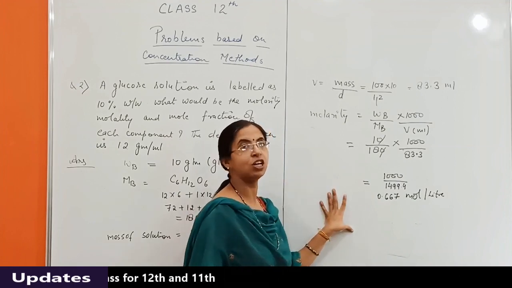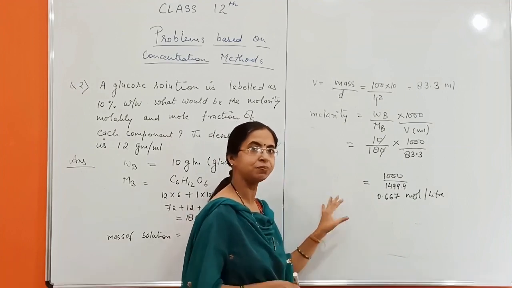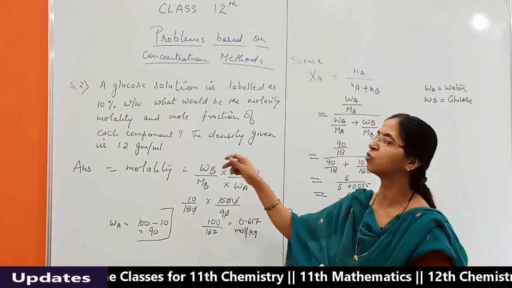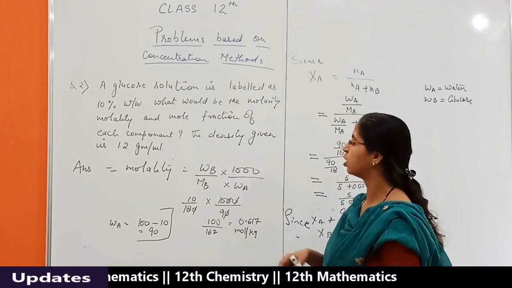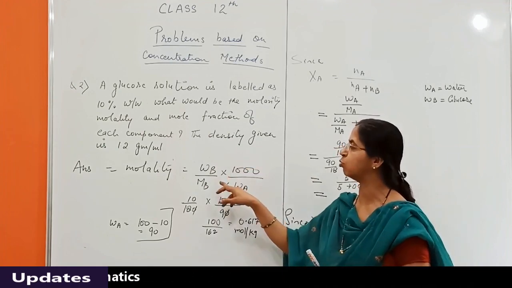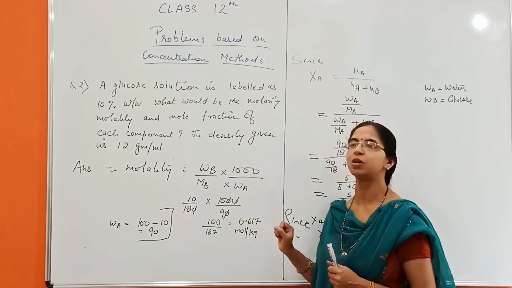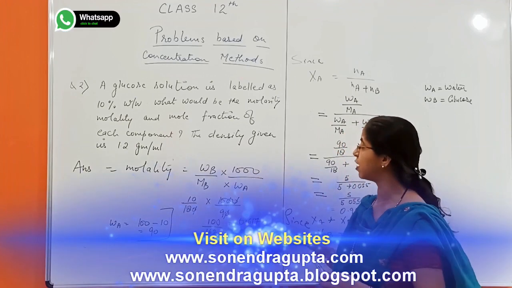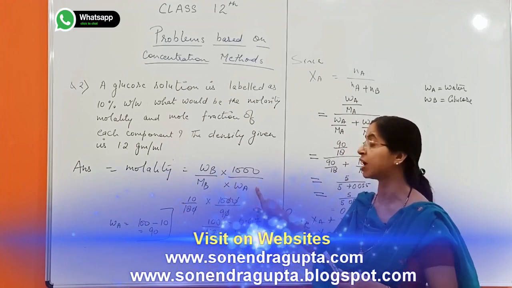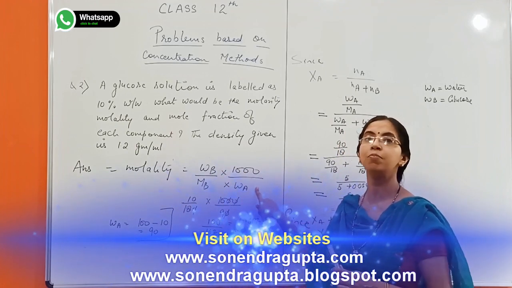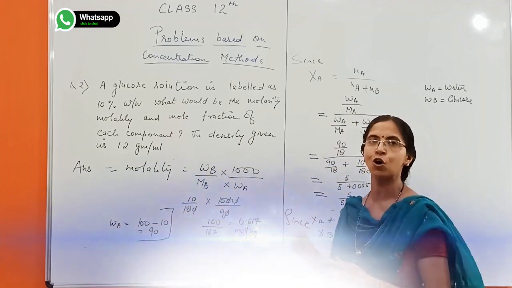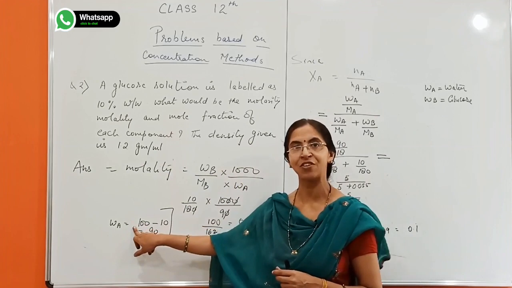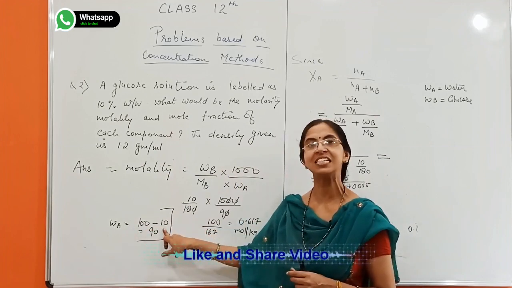Now we have to calculate two more terms in this question. The next one is the molality. We know that molality is WB upon MB into 1000 upon WA. All the things are the same as the previous one, but the only difference is that we have to calculate WA, the weight of the solvent. We know that the weight of the solution is 100 and the weight of the solute is 10.